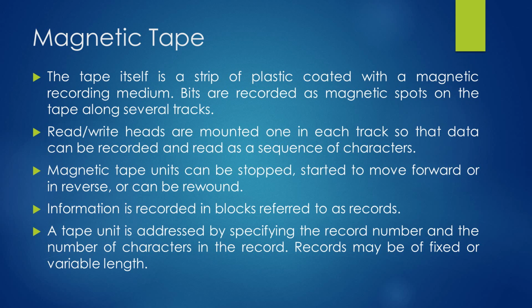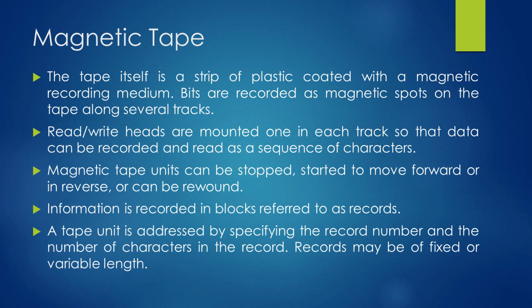Now, again to remind you, a magnetic material will be used in order to store data on that material. Bits are recorded as magnetic spots on the tape along with several tracks. Read-write heads are mounted one in each track so that the data can be recorded and read as a sequence of characters.